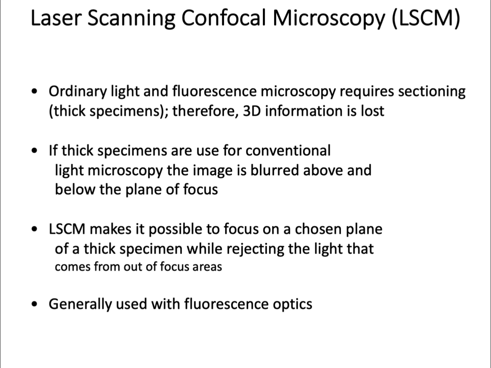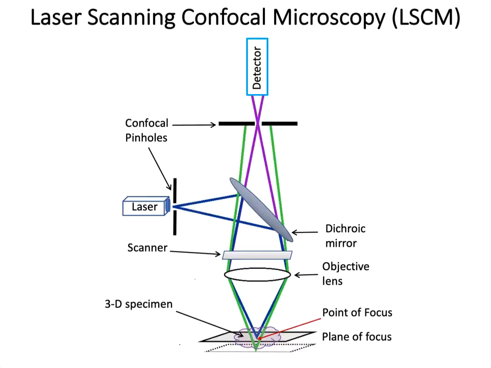The physics of this microscope allows you to reject the light that comes from out of focus areas, so you get an extremely clear image of your plane of focus. This is a variation on fluorescence microscopy and usually uses fluorescence optics.